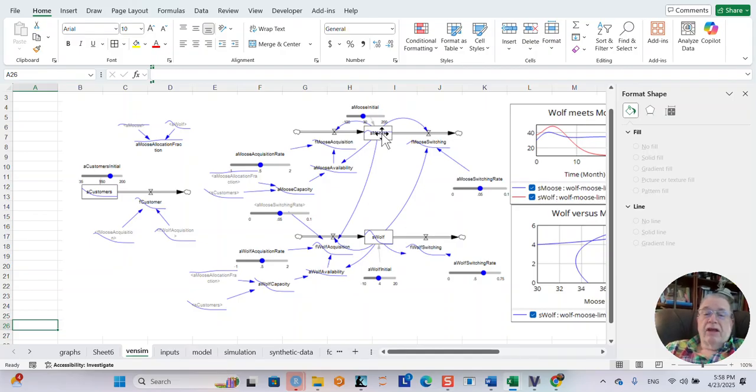So if we take these numbers of customers and multiply them times the number of items purchased by the customer per unit of time, now let's say the unit of time is 1 month, we will have to have a time to adjust that's equivalent to the time step that we have chosen, which in this case is 2 thousandths of a month. Go figure that out in terms of how many minutes that might be.